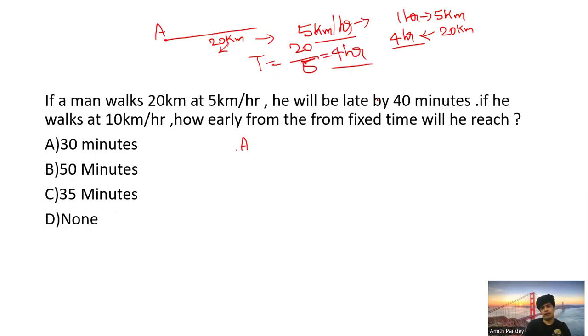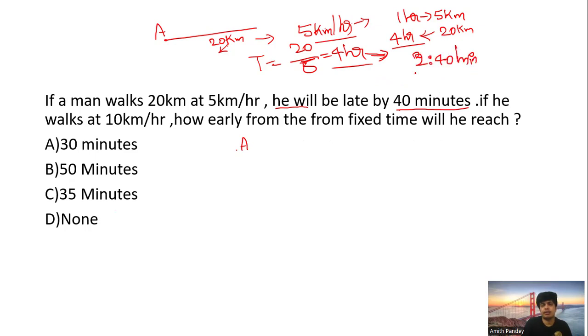Okay. Now let's read the next thing. He will be late by 40 minutes. Very, very important. Let's say if he is trying to reach in 4 hours, it means he is getting late by 40 minutes. Now simply try to understand. Let's say you have to go to your school or college or office. Usually it takes 2 hours, and you have reached in 2 hours 40 minutes.